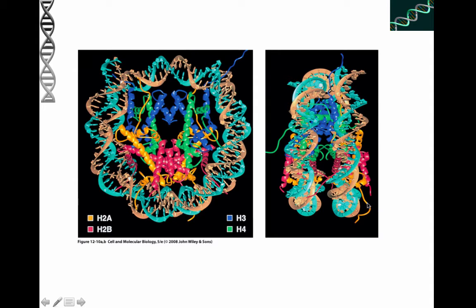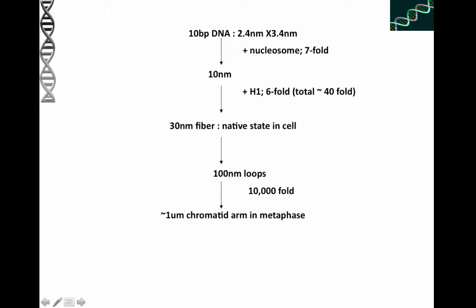Those are the histone tails. We will review this later, that the histone tails are important in managing the nucleosome structure and changing the condensation status. Depending on what type of modification occurs on the histone tails, it can make much tighter binding or much looser binding.